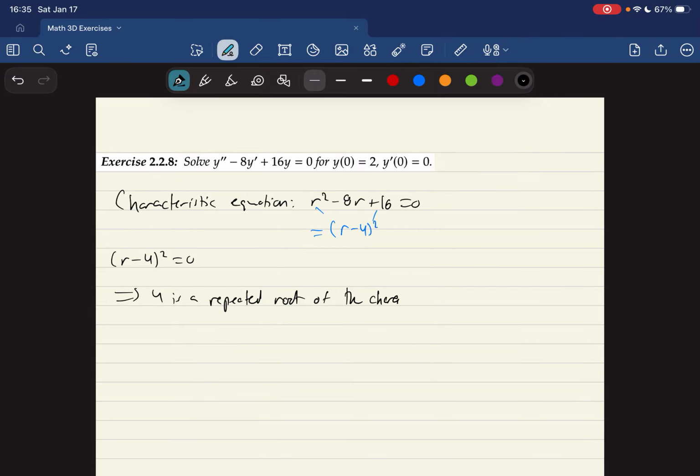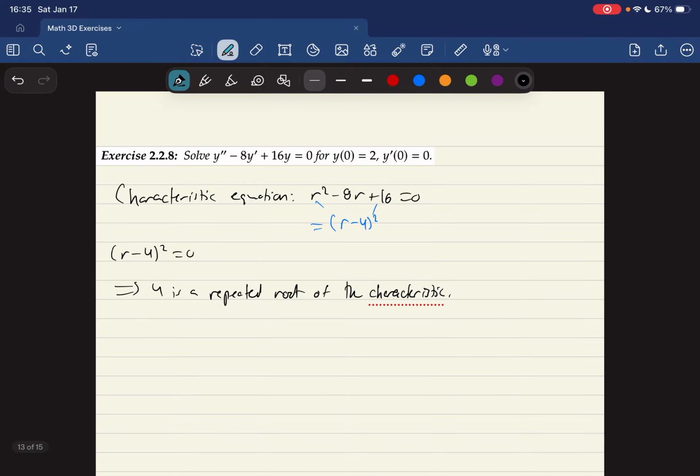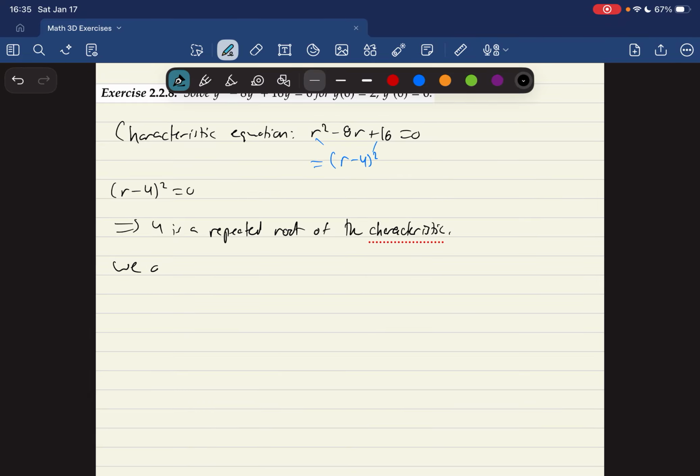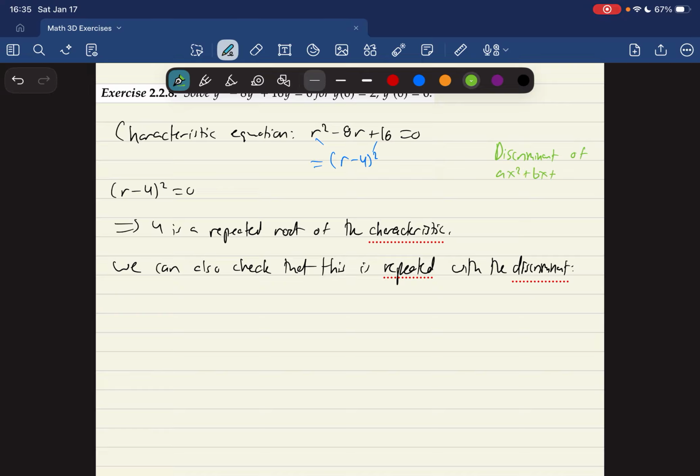We can also check that this is repeated with the discriminant. As a reminder, let's say we have a quadratic ax squared plus bx plus c.